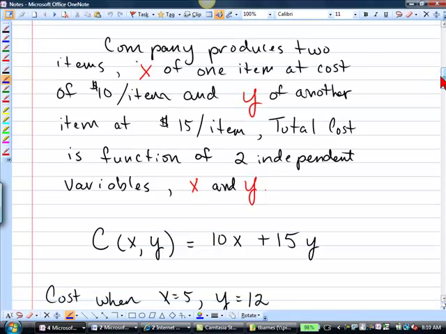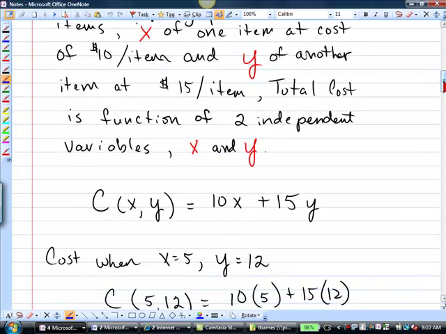So your total cost function would look like this. C of x comma y would be 10x plus 15y. So y is not dependent, it's independent, which is different than what we've had before. And then you might be asked to find, well, what's your total cost if you've got 5 of x and 12 of y?